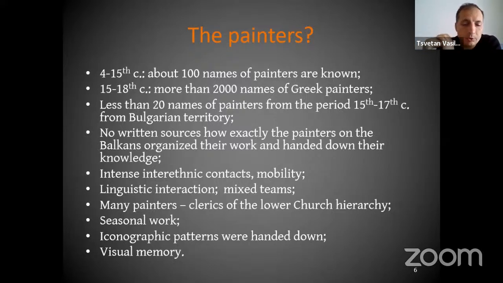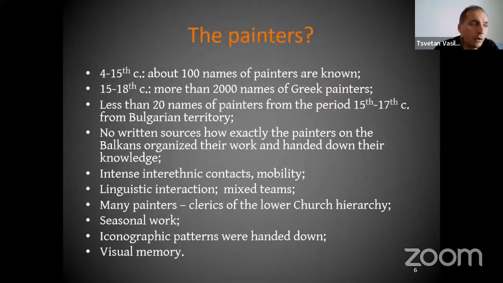Anonymous painters, they don't like to show themselves. But later, we see that they begin to inscribe their names. But in Bulgaria, there are less than 20 names of painters from the period from 15th to 17th century.